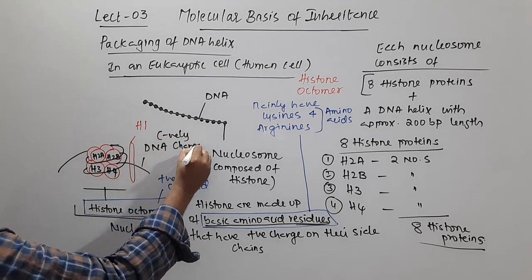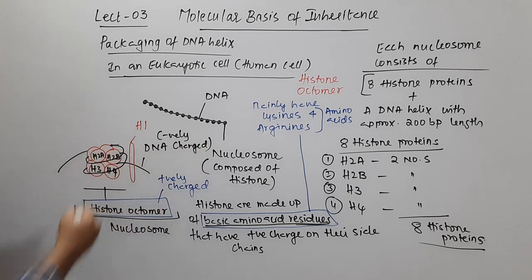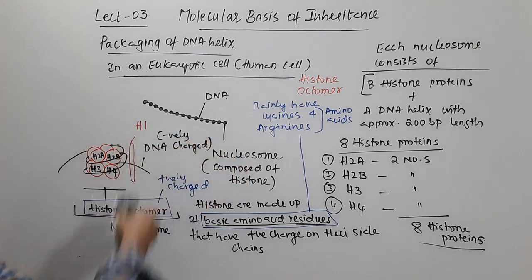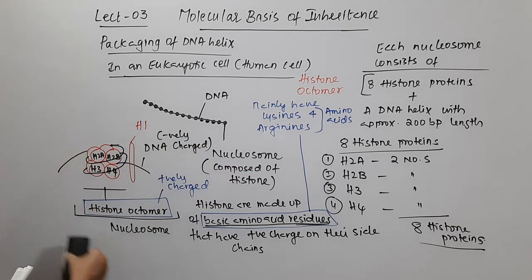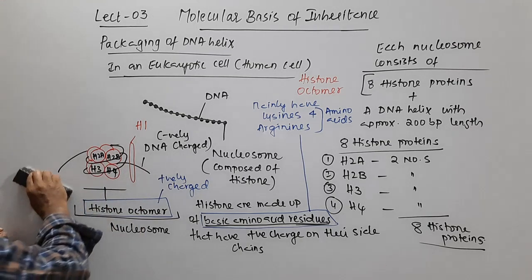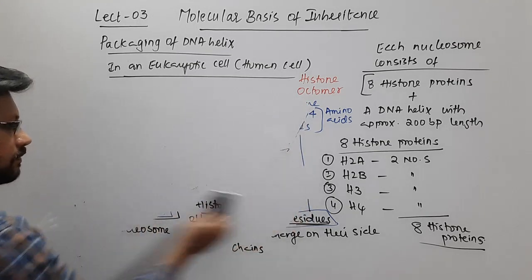So this negatively charged DNA will be wrapping around the positively charged histone octamer. So let's see how it looks. This beads-on-a-string like structure, if I'm showing it with the histones, I'm going to put these 4 histones together as one circle.